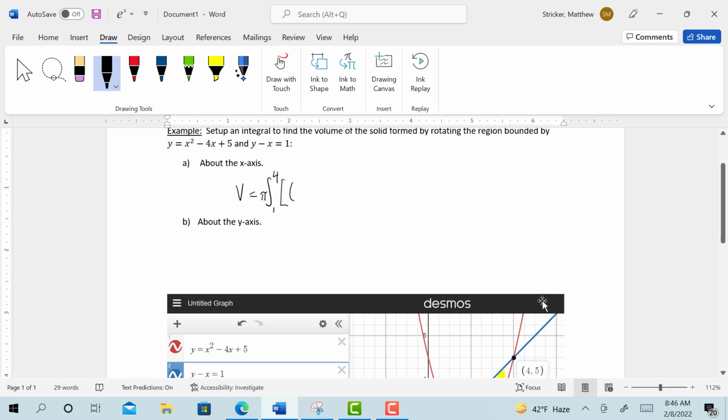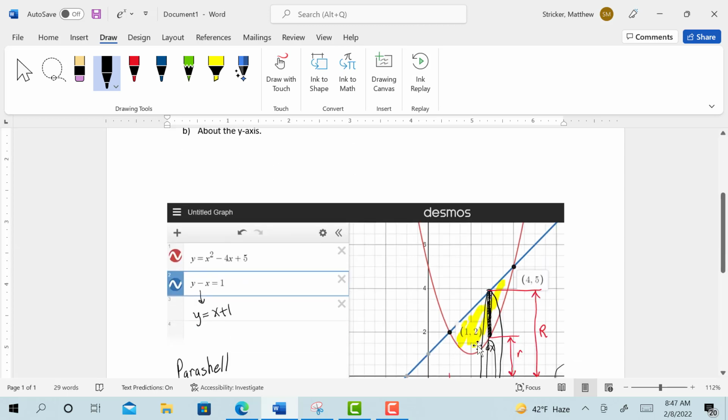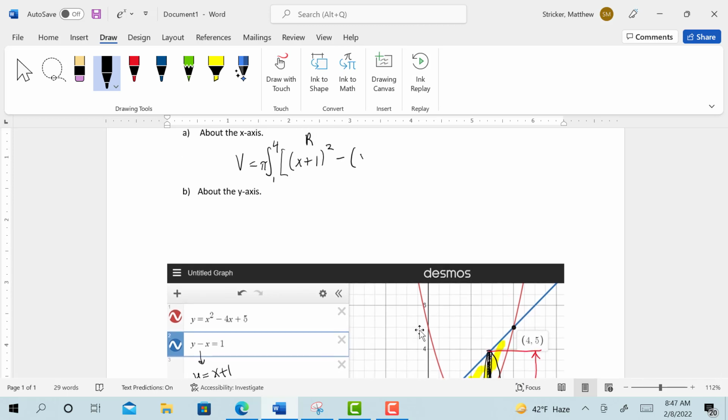So we have x plus 1 squared, this is big R, minus the inner radius, little r, which is the red curve, x squared minus 4x plus 5, squared, dx. It's as simple as that. To evaluate it you'd have to do a lot of algebra to multiply all that out, but we're just taking big R squared minus little r squared.